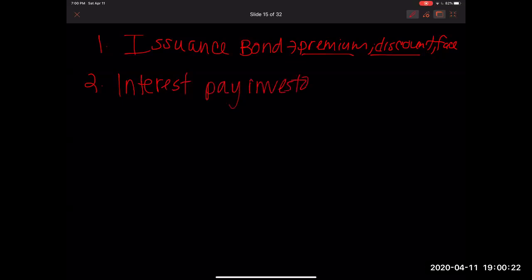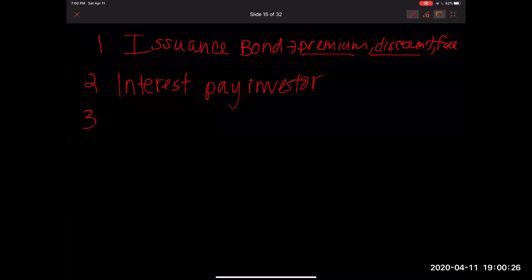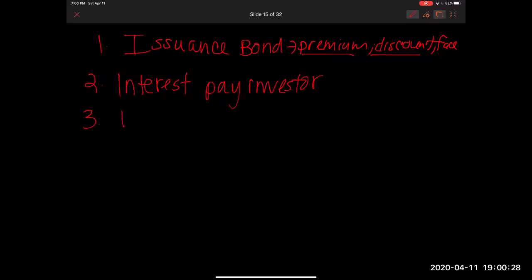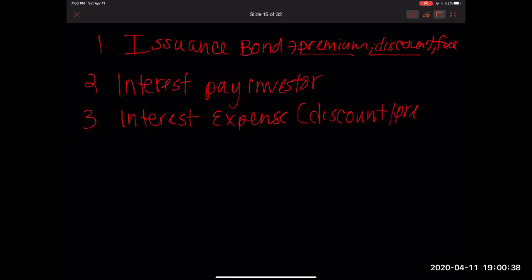Okay, they're not gonna just loan you money because they like you. Then we also need to take into account the interest expense that we need to capture if it's a discount or a premium. And then lastly, we need to capture when we repay the bond. Those are usually your journal entries.